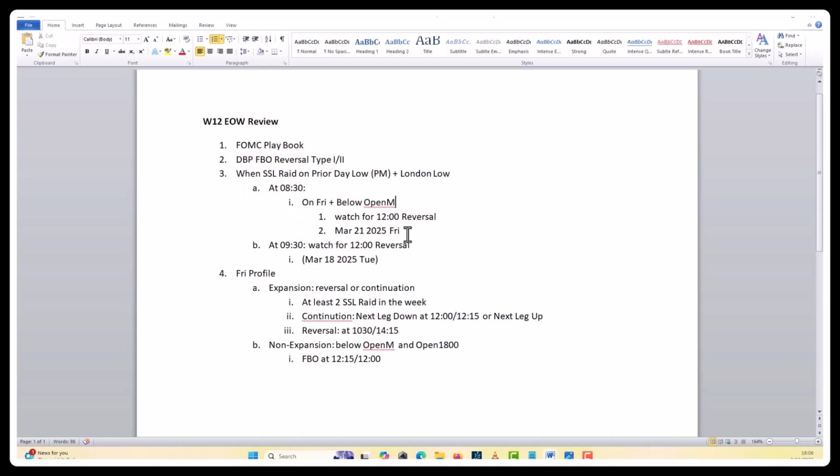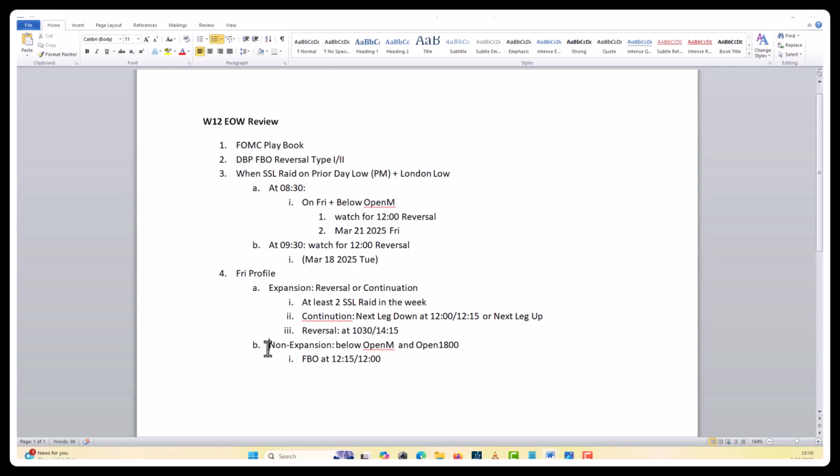And also we're going to look at Friday, to build up our Friday profile for this week. This week Friday was a non-expansion move, so we're going to see when Friday will be an expansion move. Expansion can go either way: it can be a reversal or a continuation.